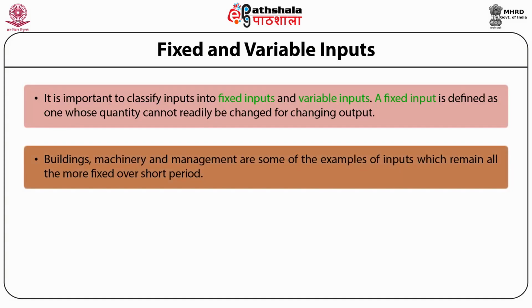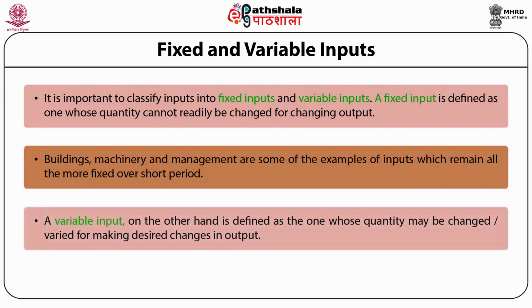Buildings, machinery and management are some of the examples of inputs which remain fixed over a short period. A variable input, on the other hand, is defined as the one whose quantity may be changed or varied for making desired changes in output.